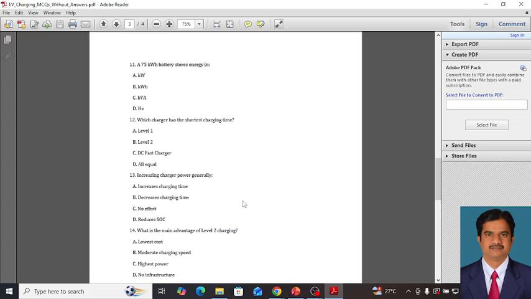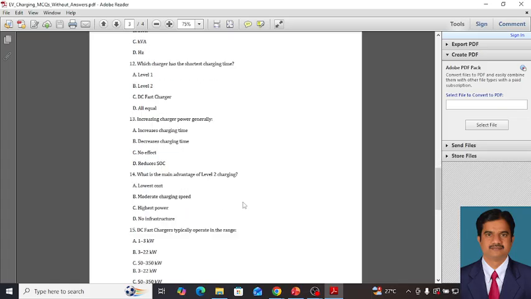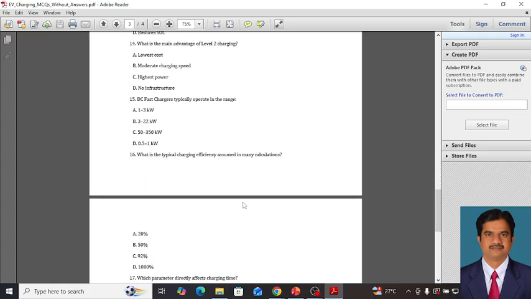Increasing charger power generally increases charging time, decreases charging time, no effect, reduces state of charge or SOC. What is the main advantage of level 2 charging? Lower cost, moderate charging speed, higher power, no infrastructure. Fifth one, DC fast chargers typically operate in the range 1 to 3 kilowatt, 3 to 22 kilowatt, 50 to 350 kilowatt, 0.5 to 1 kilowatt.